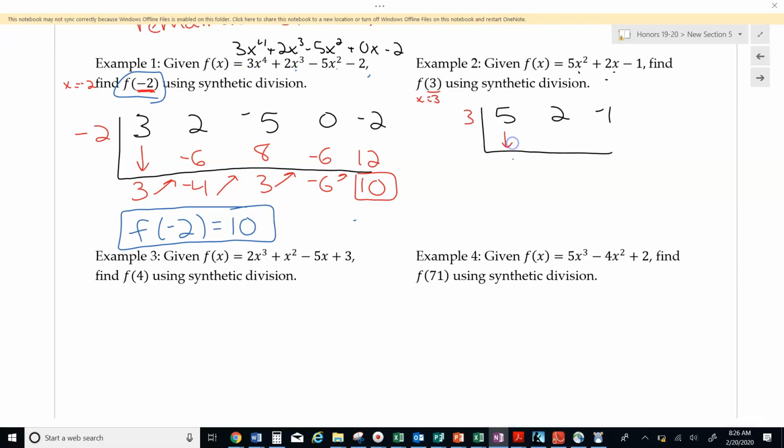So again, I'm going to bring down 5. 3 times 5 is 15. 3 times 17 is 30, plus 21, 51. Just 50. So f of 3 equals 50.